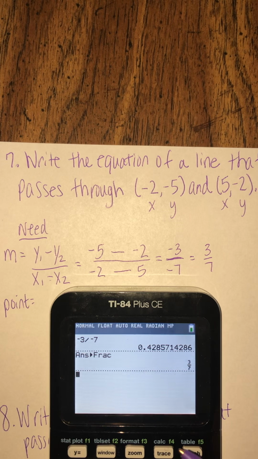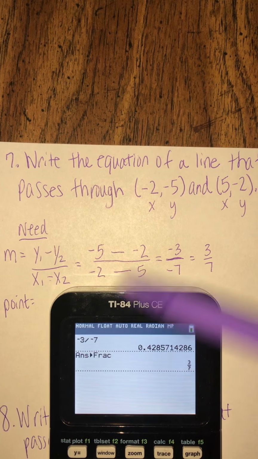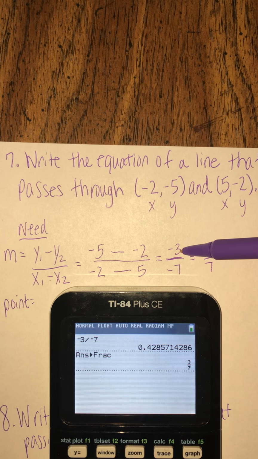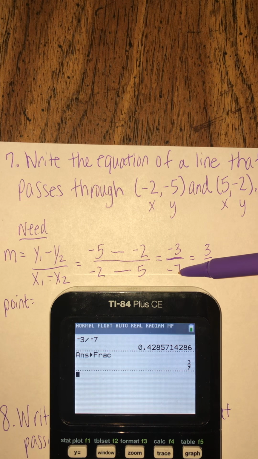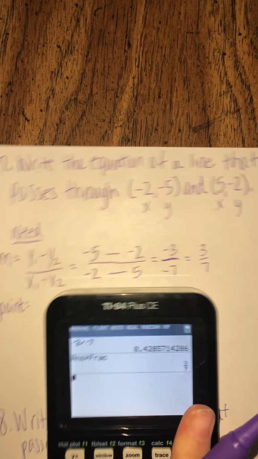I did upload a video that will walk you through how to download a graphing calculator onto your computer or your cell phone. So those are options if you're struggling with simplifying the fraction. If that still doesn't work, you can also just go into Google and type in simplify -3 / -7, and it will give you the answer of 3/7, okay?